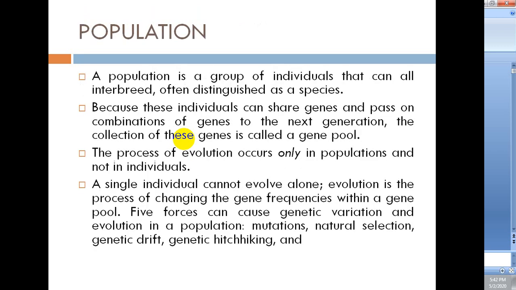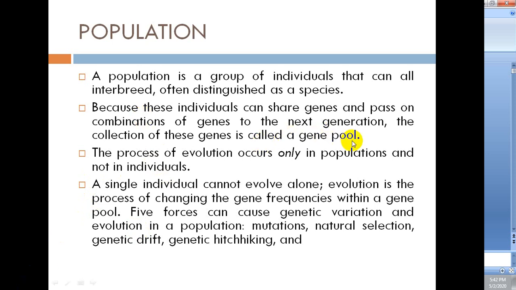So a population is a group of individuals that can all interbreed, distinguished as a species, because these individuals can share genes and pass on combinations of genes to the next generation, and the collection of these genes is called a gene pool.